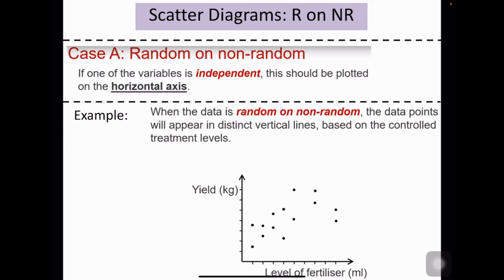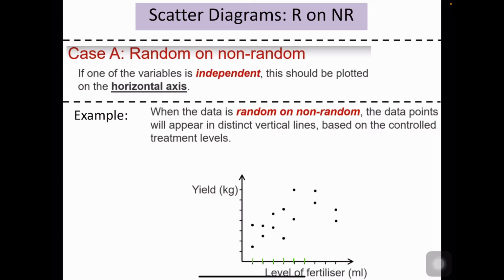Okay, so when the data is random on non-random, the data points will appear in distinct vertical lines based on the controlled treatment levels. What that means is, because we're changing the level of fertilizer, chances are these are going up in a particular pattern.